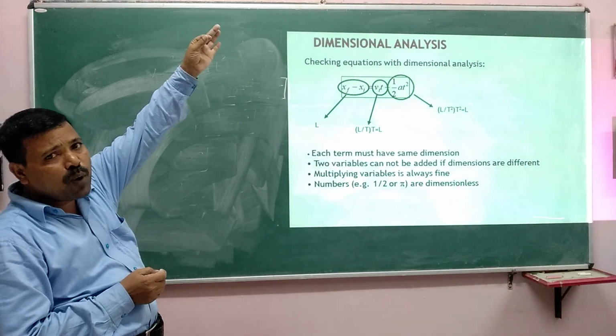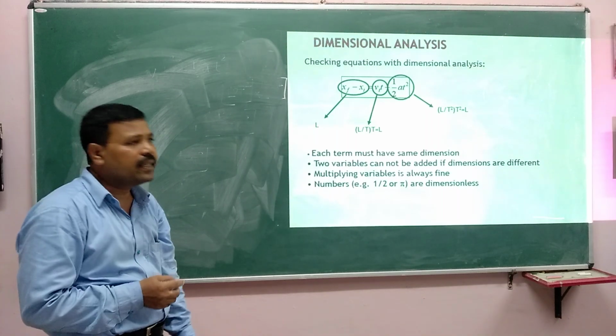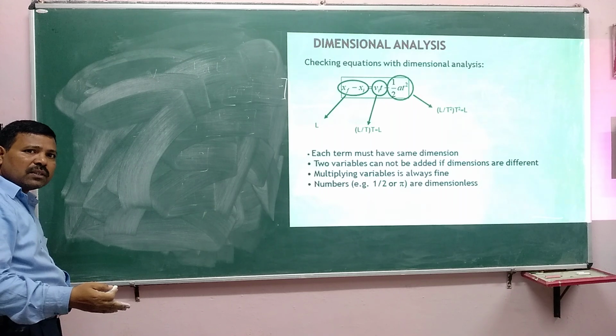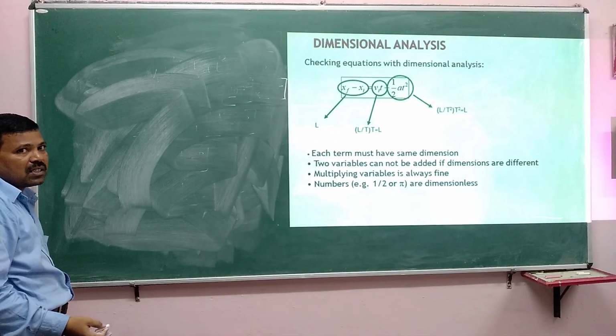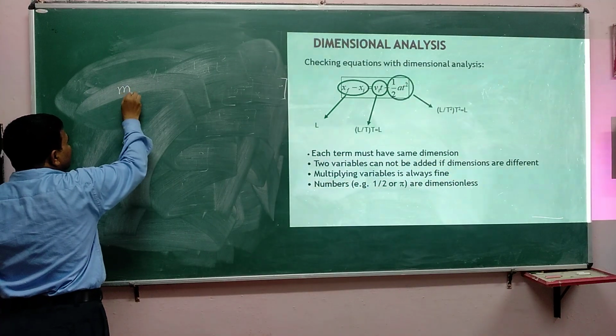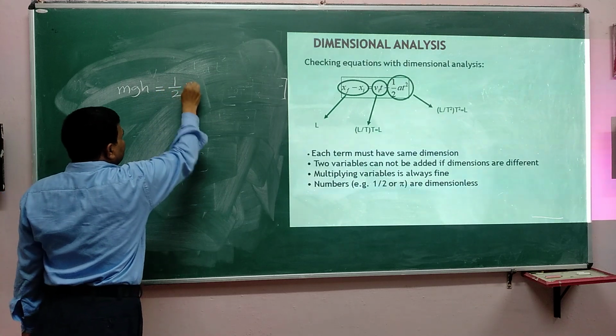So at the highest point, potential energy, at the nearest point, kinetic energy. According to conservation of energy, at every point, the total energy remains constant. So let us say that mgh, the potential energy, equals the kinetic energy.